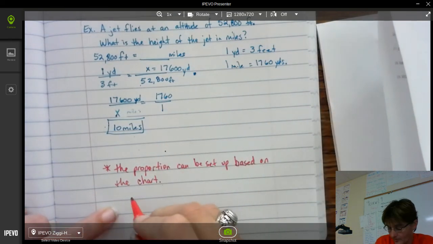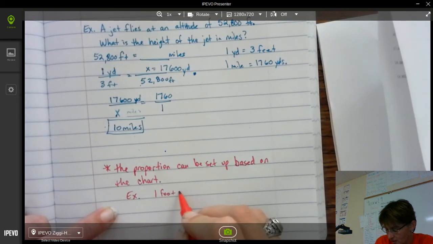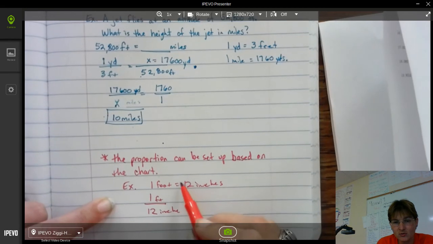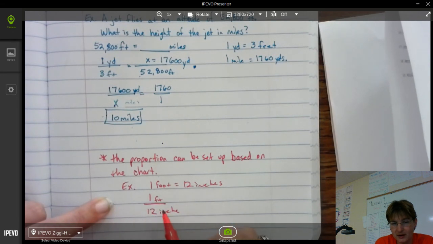For example, as simple as 1 foot equals 12 inches. That is 1 foot over 12 inches. Okay, the equal sign is the division bar, is this ratio setup. Okay, I've already talked a little bit about that.